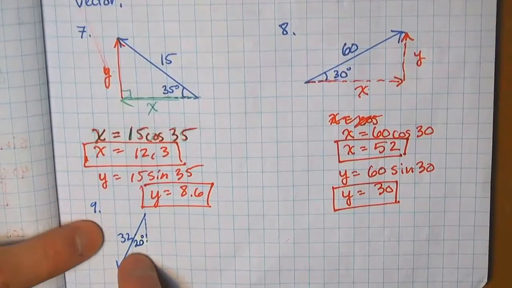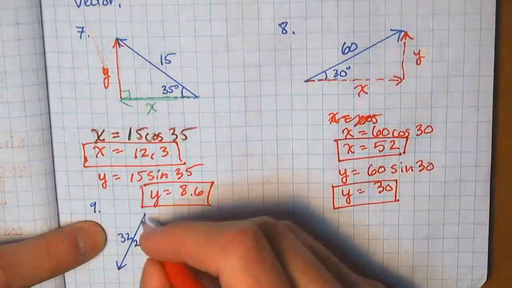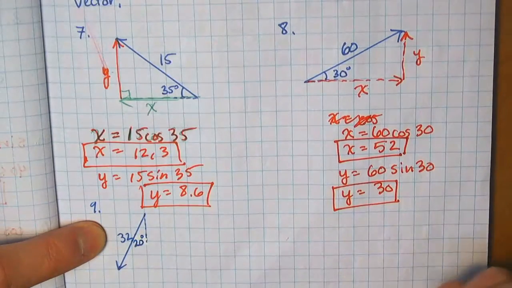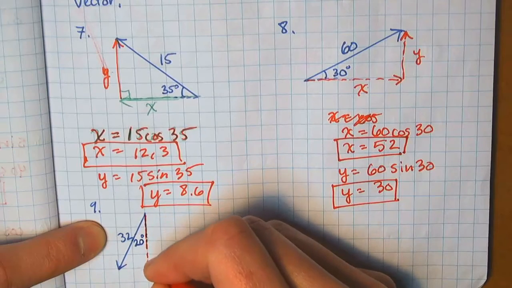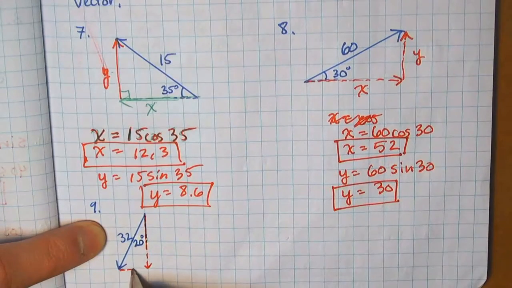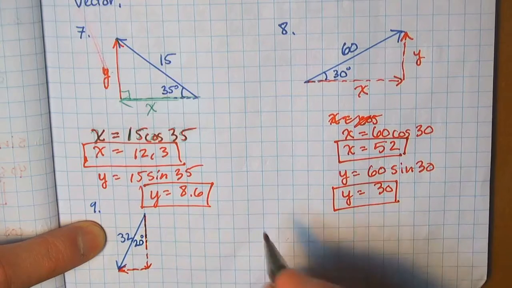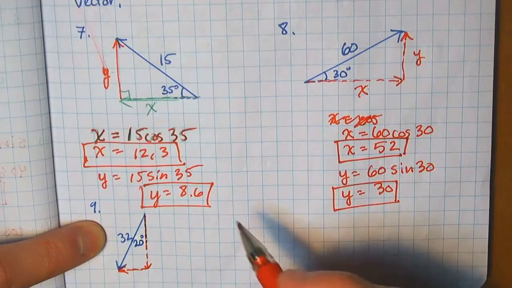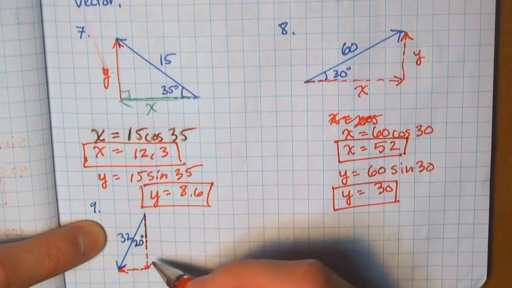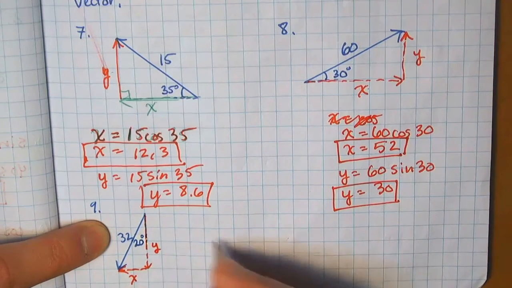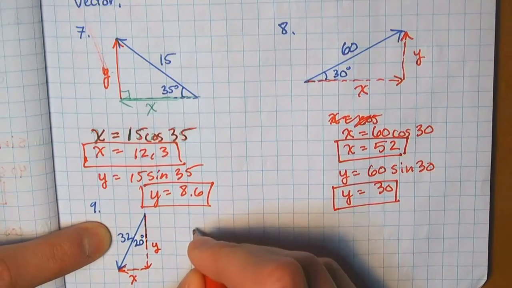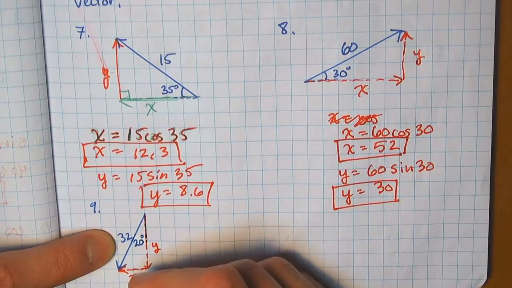Here's this one. So we got 32, and they give you an angle with respect to the vertical. Again, we just draw it down, draw over. So right now we got our triangle. We got our x, we got our y. For x, that's actually going to be sine because it's the opposite.